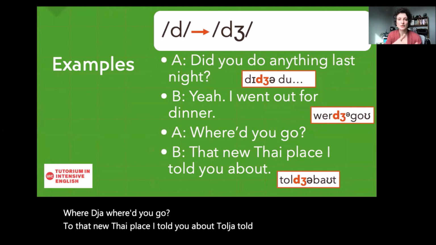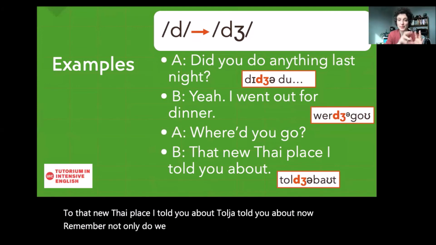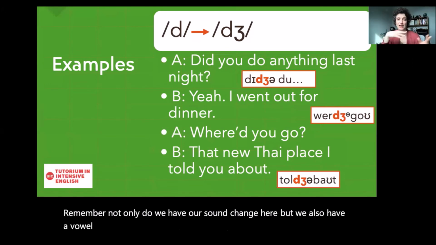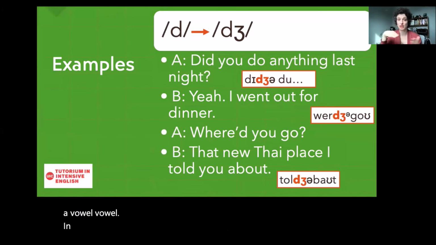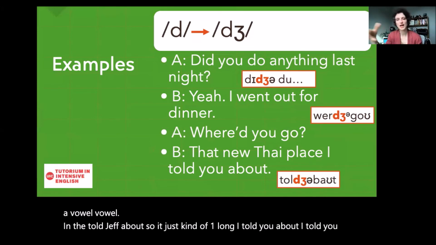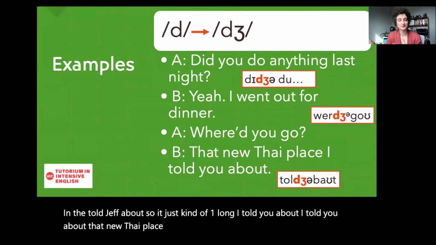Now remember, not only do we have our sound change here, but we also have a vowel link in the told you about. So it's just kind of one long I told you about. That new Thai place I told you about.